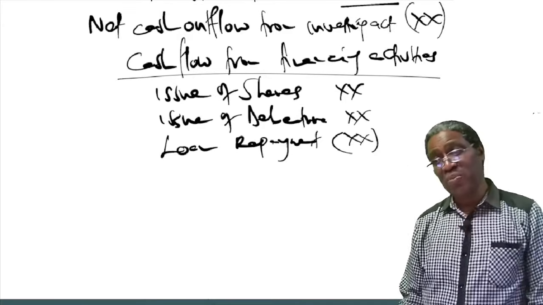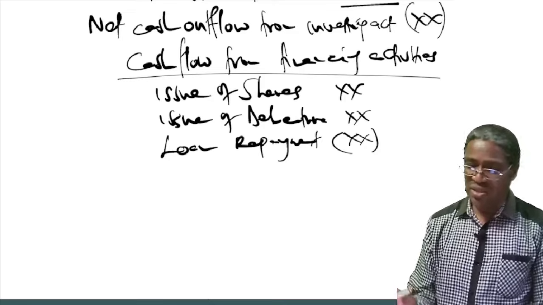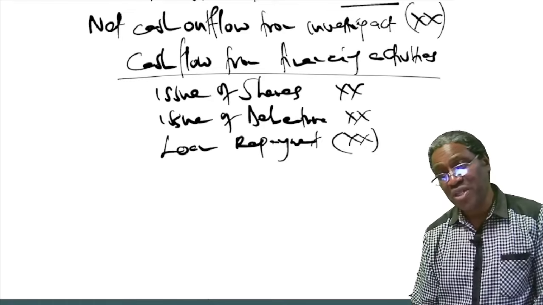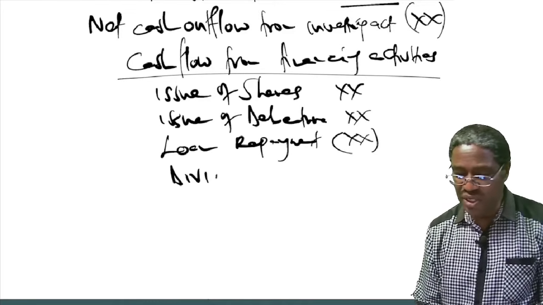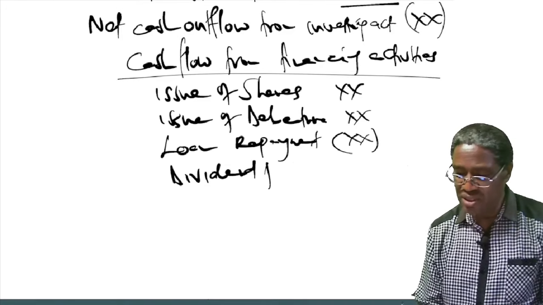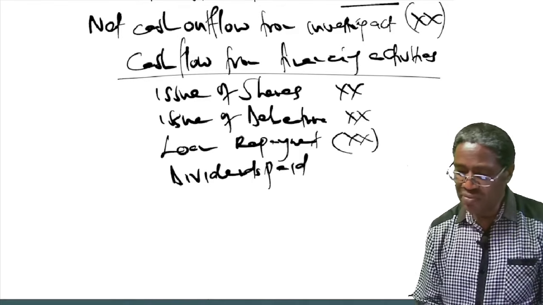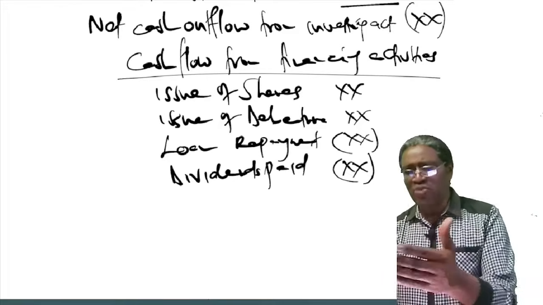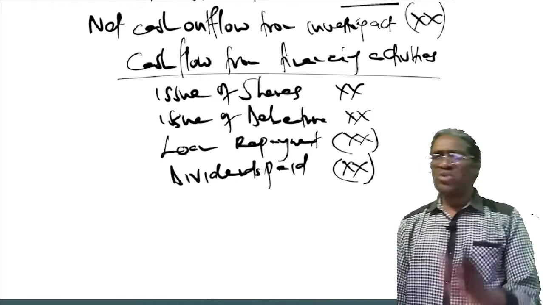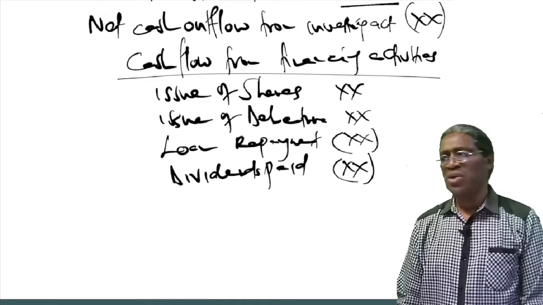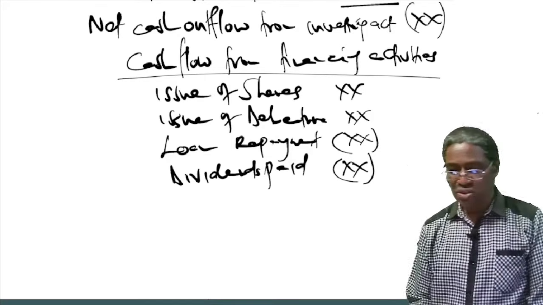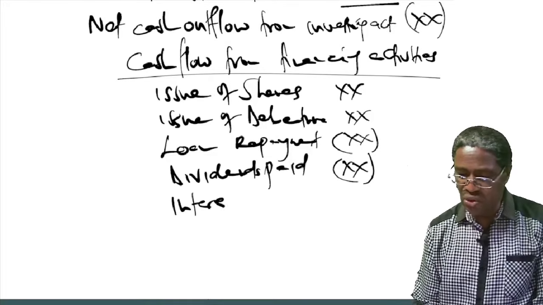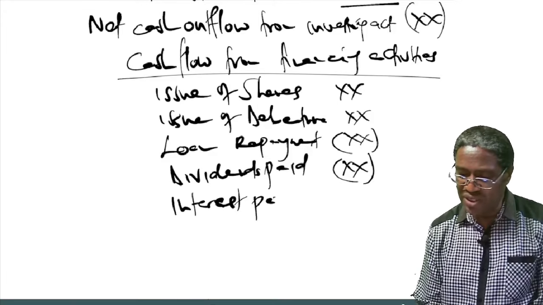One form of return we are paying to them is dividend. To the shareholders, we normally pay them dividend. So dividends paid is part of financing. To the loan providers and to the debenture holders, what do we pay them? We normally pay them interest. So interest paid is also considered as part of financing.